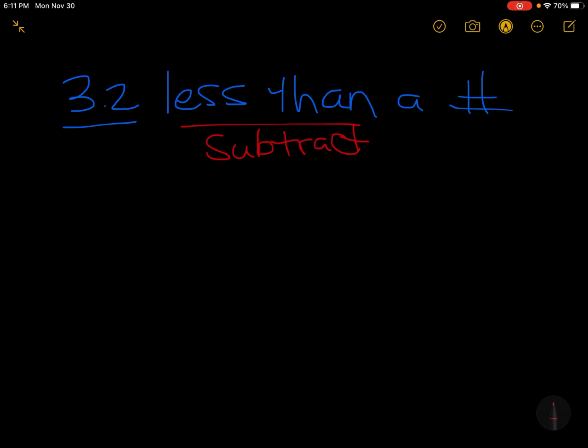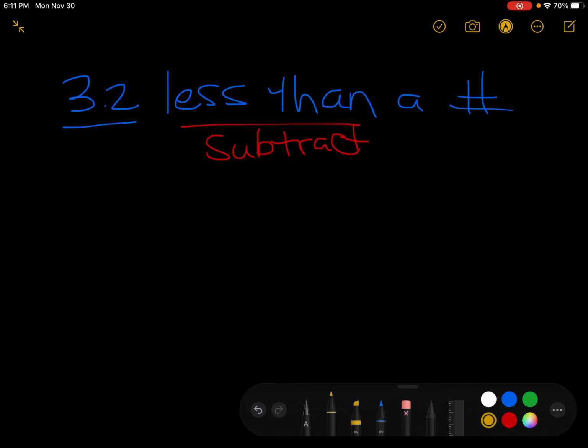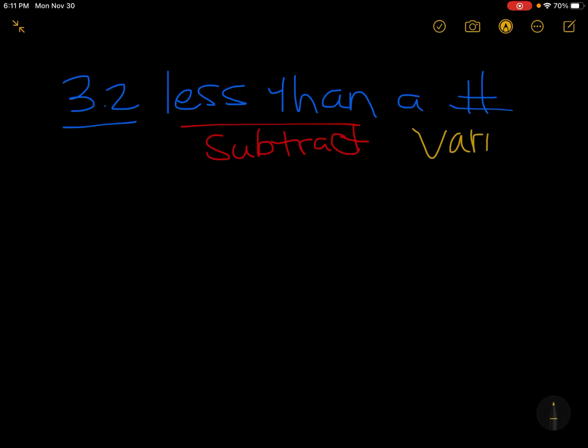And let's look at the last part here. 3.2 less than a number. So a number is going to be our variable, or whatever letter we're going to use to represent the missing piece of our problem.